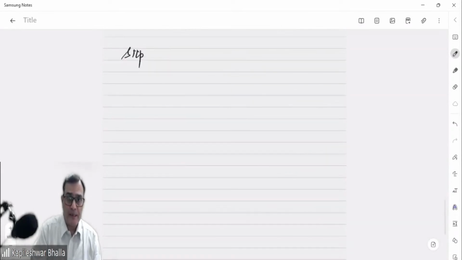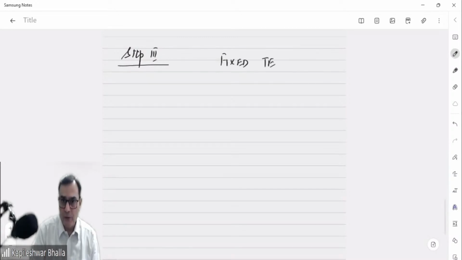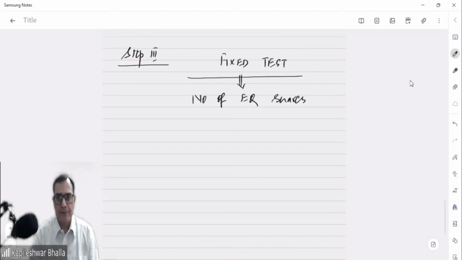When you come to step number 3, where the mode of payment is equity shares, you need to conduct what we technically call a fixed test. Now, what is that fixed test? In this fixed test, you need to evaluate the number of equity shares being issued. Is it fixed in number or is it variable in number?